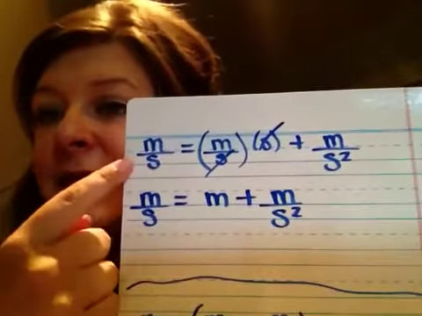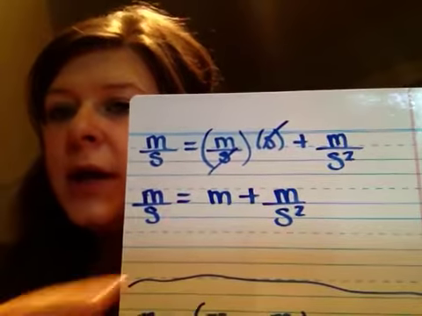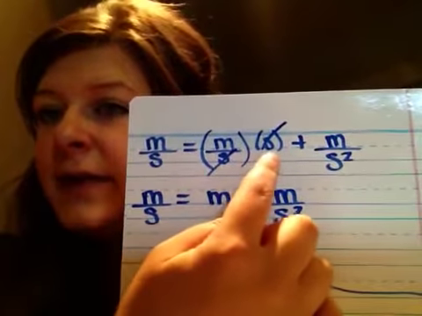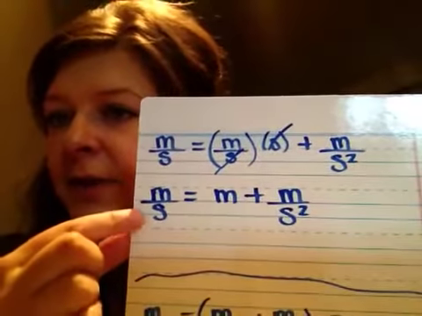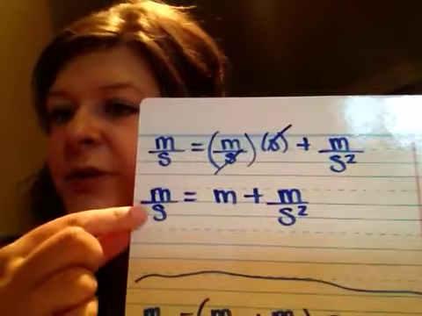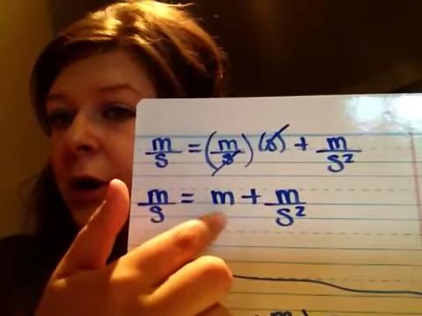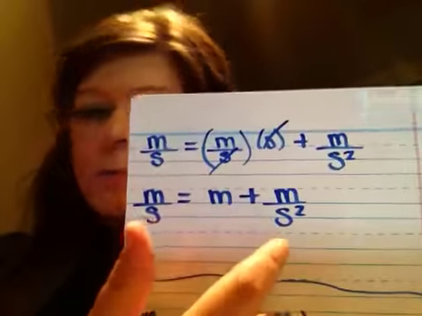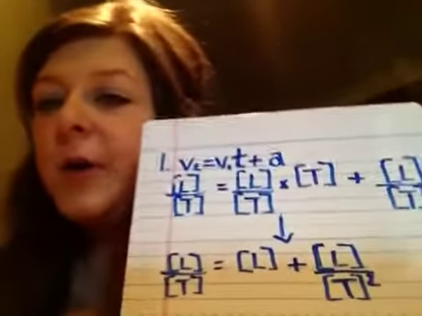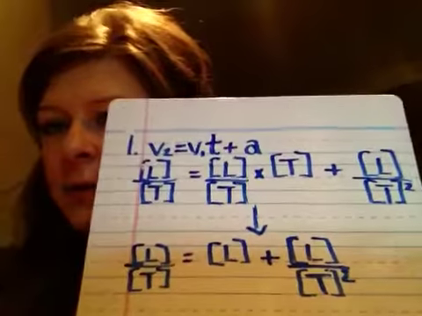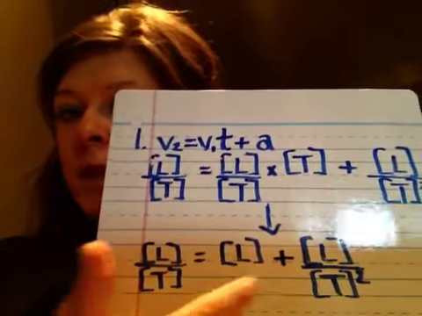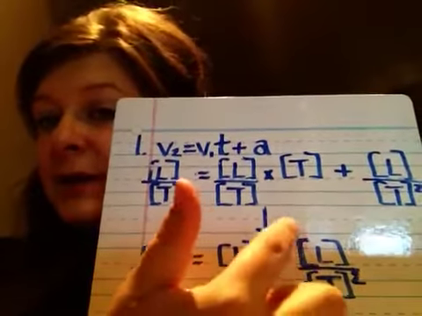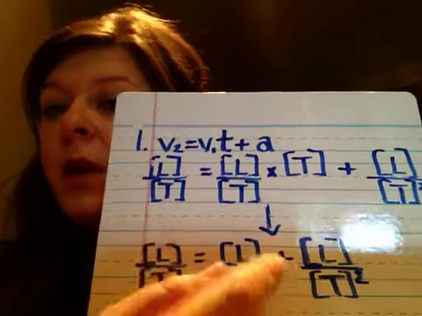So if I look at this, the easiest thing for me to do is take this velocity and that time, and I can cancel the times out. So then that would leave me with this: meters per second equals a meter plus a meter per second squared. So if I go back to my dimensions, I have a length over time is equal to length plus length over time squared.